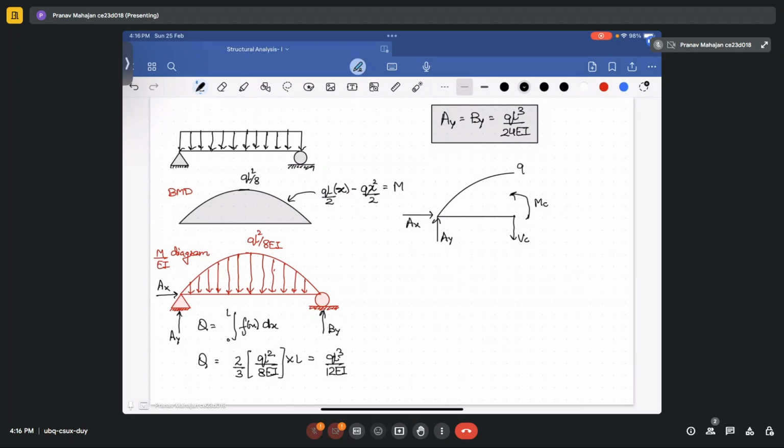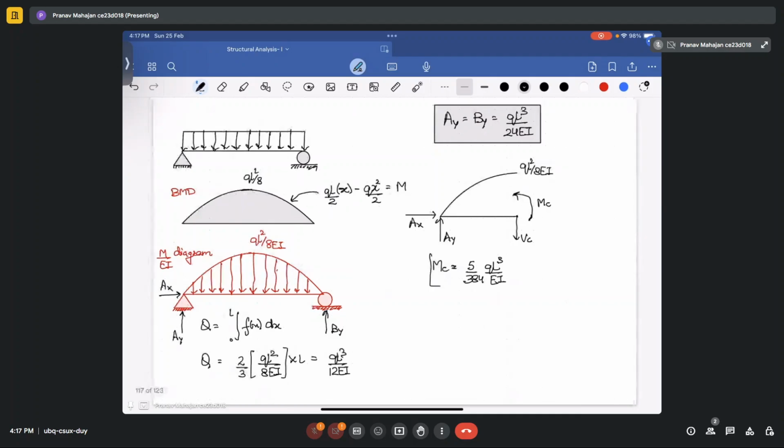And at that central point, you have a maximum value of qL square upon 8 EI. Okay, so what will be the value of this MC? MC will be equal to the moment of this area diagram, so that will be equal to 5 by 384 into qL cube upon EI.